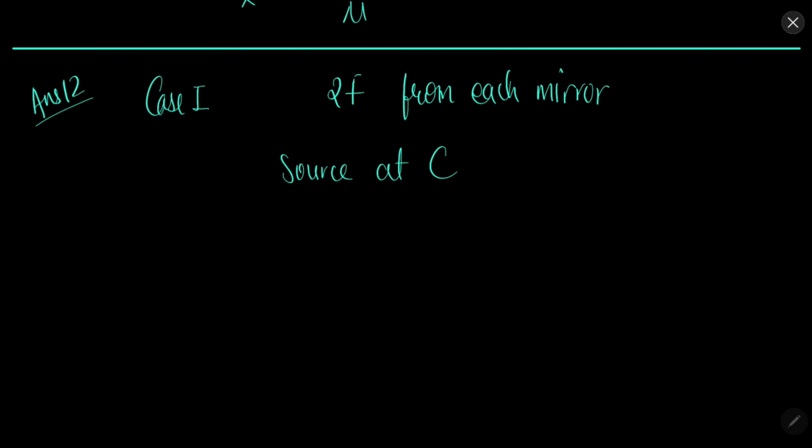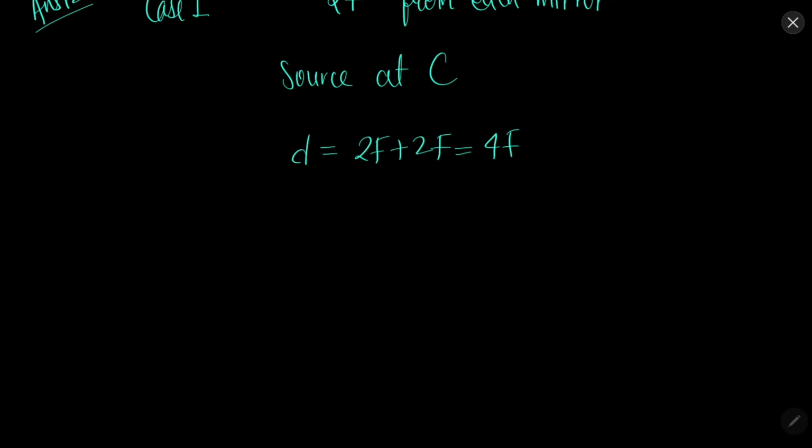So the image will be formed at the same point, because when we are at C, the image is obtained at C. So D will be 2f plus 2f, 4f. So this is the first case in which this will happen.